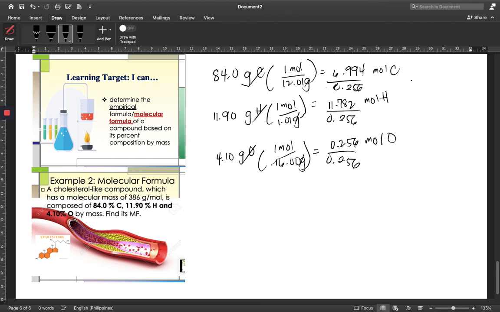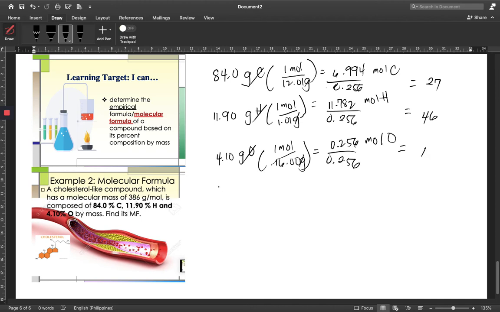All right, and so we have the following molar ratio for each of the elements. For carbon, we have 27.32, so it can be rounded off to 27. For hydrogen, it's 46.02, so it can be rounded off to 46. And for oxygen, we have 1, right?